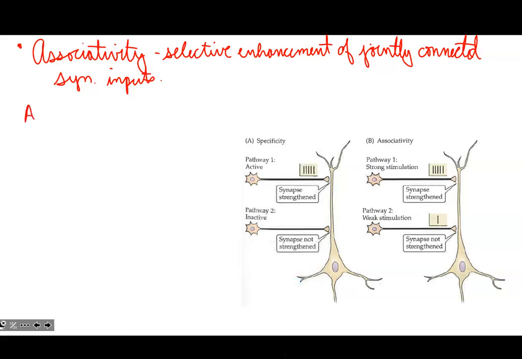Panel A really shows more of what we just looked at last time, input specificity.